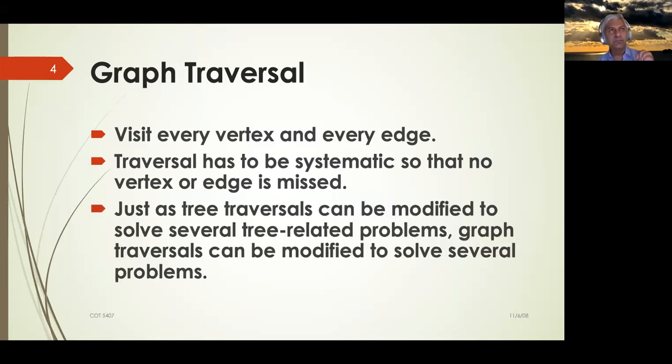We know that it has to be systematic so that no vertex or no edge is missed. But there are different ways of doing this, and they have very different properties, which help us to solve very different kinds of problems.